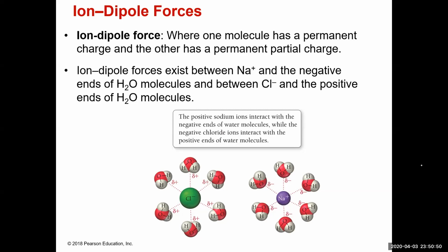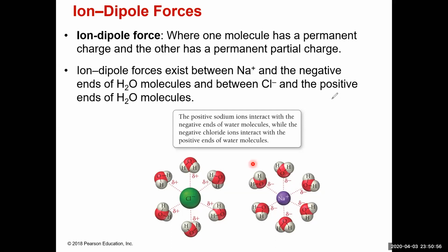So the sodium ion in sodium chloride, remember that sodium reacting with chlorine forms a Na+ ion, or cation, and a Cl- anion.